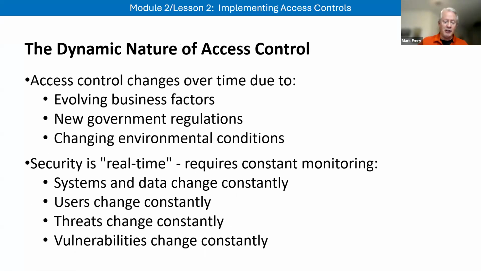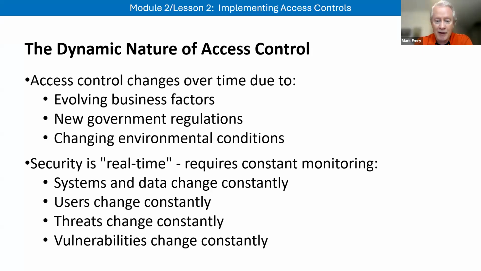So let's talk a little bit more about the dynamic nature of access control, right? So we've talked about access control changing over time due to evolving business factors. Important to remember, new government regulations or perhaps changing environmental conditions. Again, there's a dynamic nature. Security is real time, right? It requires constant monitoring.